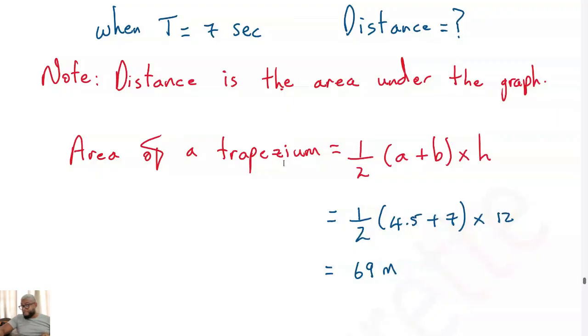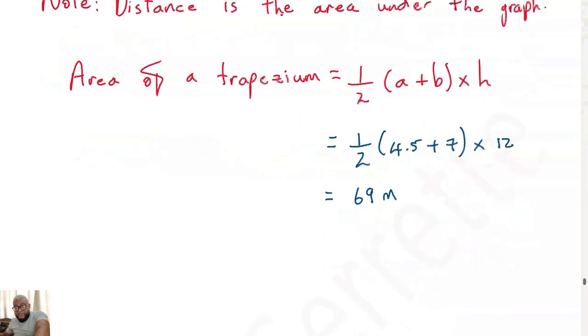Everybody good here? So let me go to speed now. We're going back to speed. So we have our distance. I'm going in order. Speed and average speed is the same thing, right?